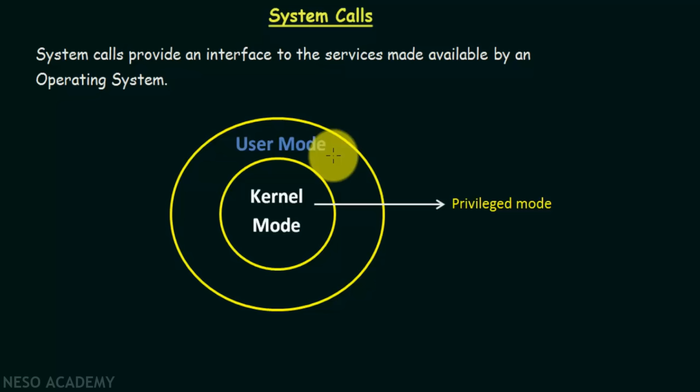And the call that the program makes in order to access those resources or to go into kernel mode, that call is known as the system call. So we see that system calls are made by programs when they need to access certain resources. When a program executing in user mode needs to be switched to kernel mode for a particular time, this system call is made. So this is one way in which we can understand system calls.